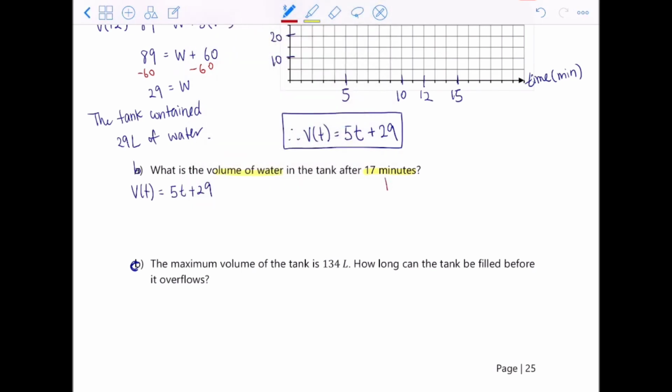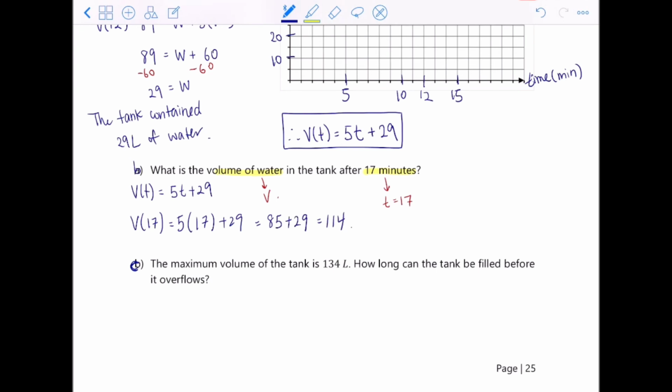So this is t. t equals 17, and this is volume. So V of t, with t equals 17, equals 5 times 17, and then we bring down the rest. All right, so this one, 17 times 5 is 85, plus 29 equals 114.